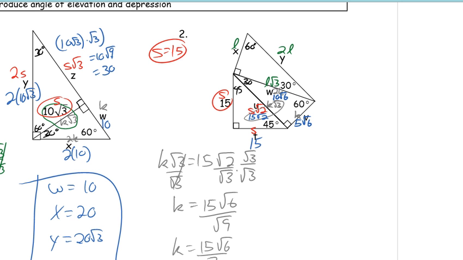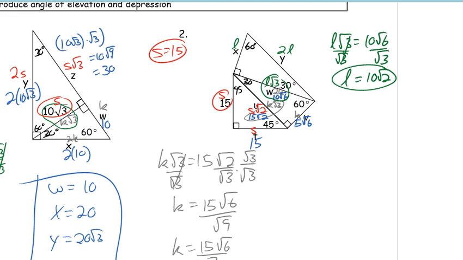Everything's getting a little bit tighter. Hold on. Here's our information. L radical 3 equals 10 radical 6. Divide both sides by the square root of 3. I like this though. L equals 6 divided by 3 is 2, so it'd be 10 radical 2, stays inside. There's our last letter.